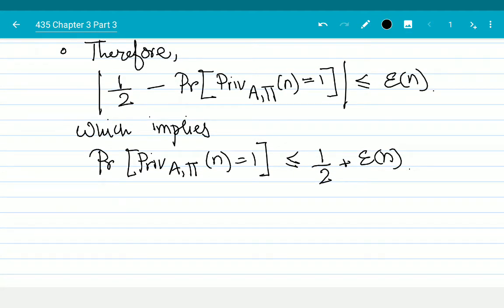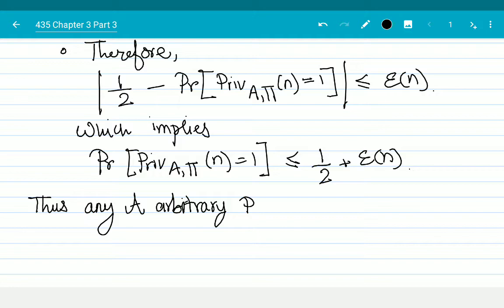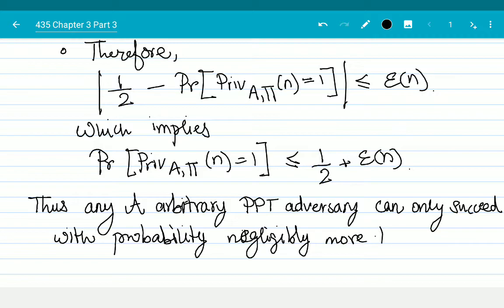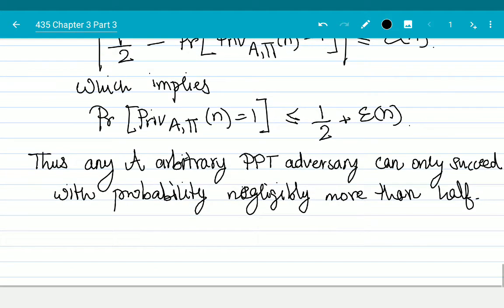Okay. And thus, I have shown that if A was an arbitrary PPT, thus any arbitrary polynomial time, probabilistic polynomial time adversary, can only succeed with probability negligibly more than half, implying that my system is secure.